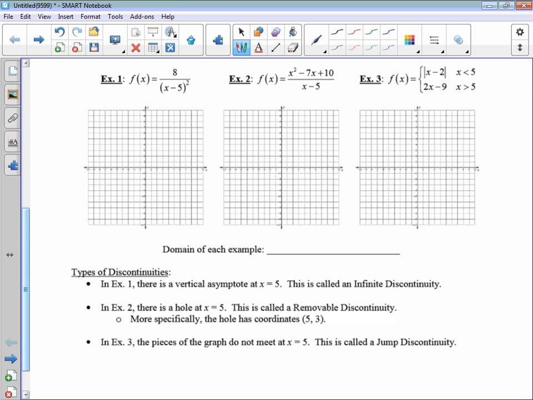So let's sketch the asymptote in here. Where would the horizontal asymptote be? 0, yeah, it's 0. Bottom heavy, so we know it's at 0.